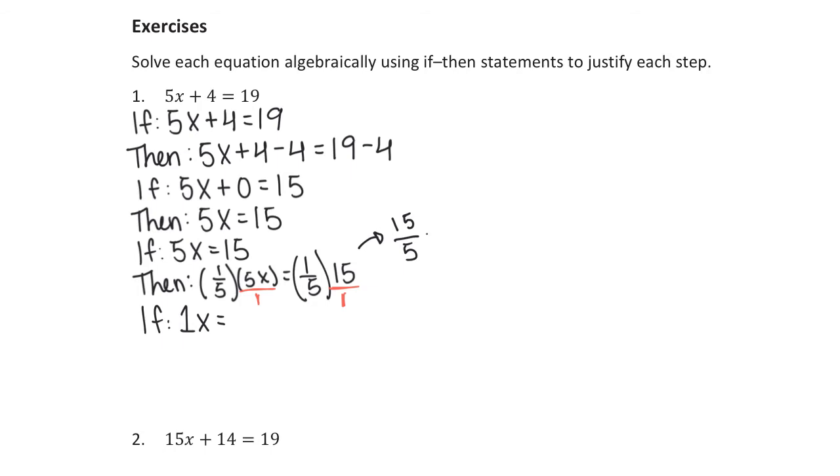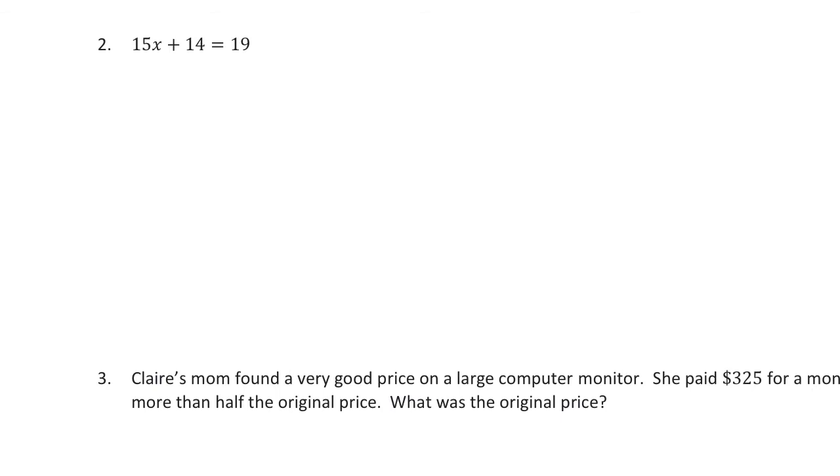Now to simplify this, I can simplify these by 5. 15 divided by 5 is 3. 5 divided by 5 is 1. 3 divided by 1 is going to give me 3. So I know my value for the other side is 3. So if 1x equals 3, then I know that x equals 3. Go ahead and pause this video and do number 2 by yourself.